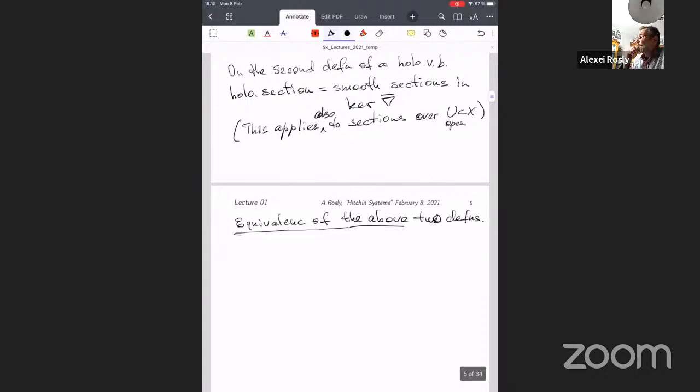Let us do as follows. Suppose we are given a holomorphic vector bundle understood in the first definition.